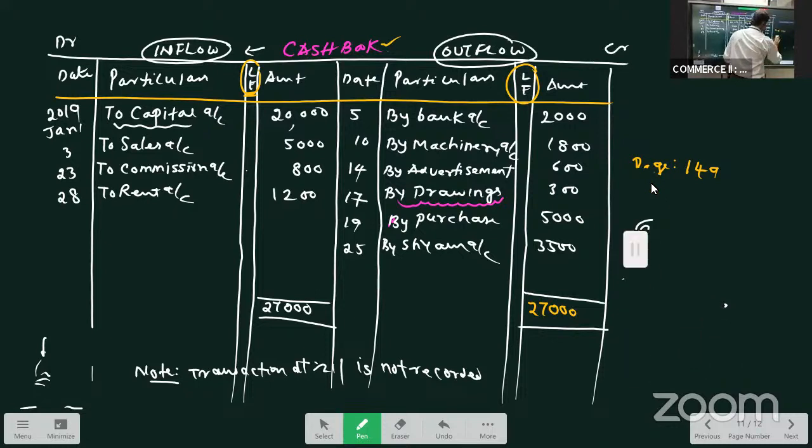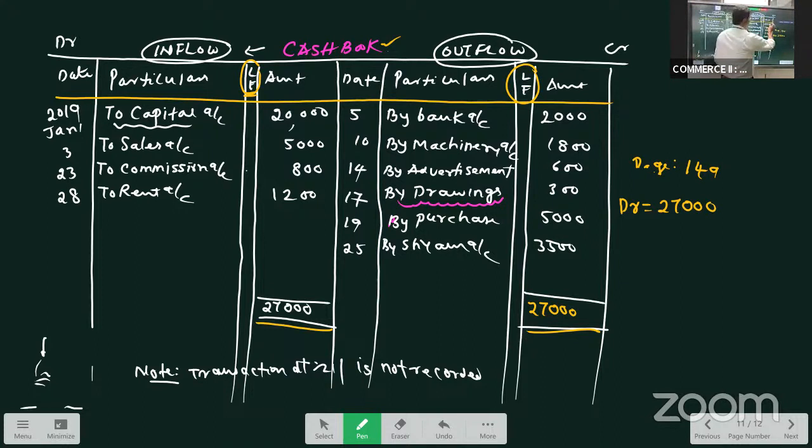How do we do the balancing? Which side is heavy? Debit side is heavy. What is the total on debit side? 27,000. Hope you are following this. While balancing cash book, always debit side will be heavy. Take the total of debit side on debit side as well as on the credit side.